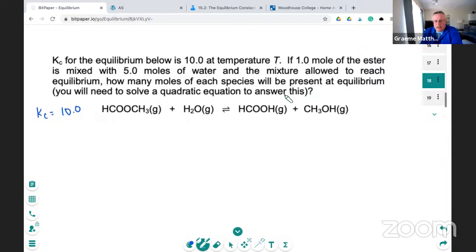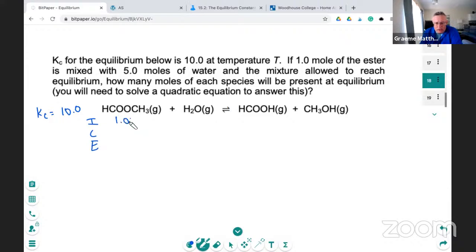At temperature T, because we know the only thing that can change the value of Kc is temperature. And so I better put down my ice table like so. 1 mole of the ester. Now chemists, we probably haven't done esters yet, but this is an ester right here.